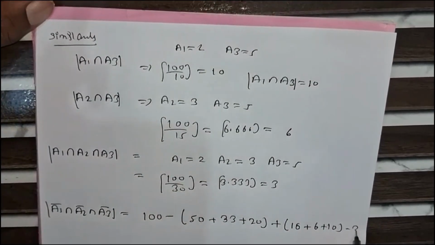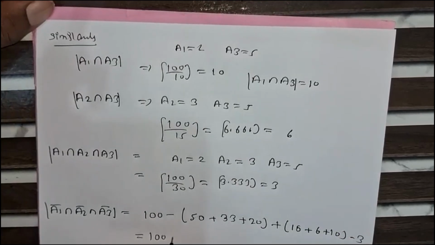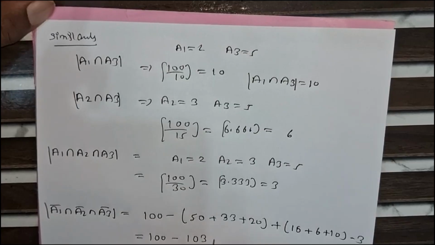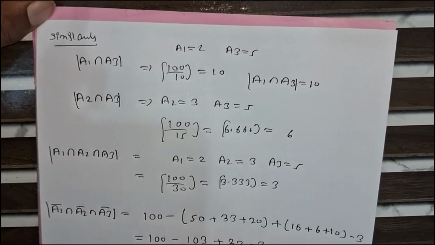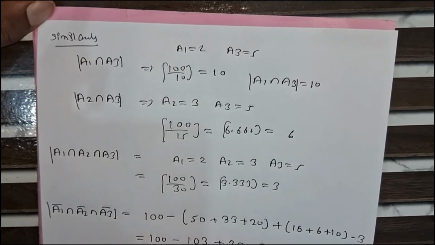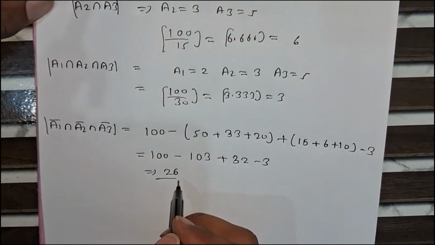So 100 minus 103, plus 32, minus 3. This is 26. So this is our final answer: 26.